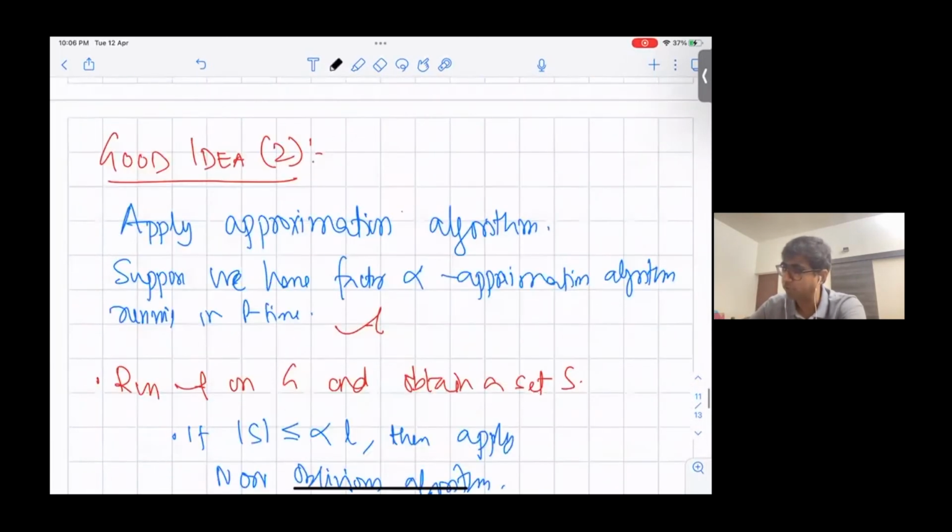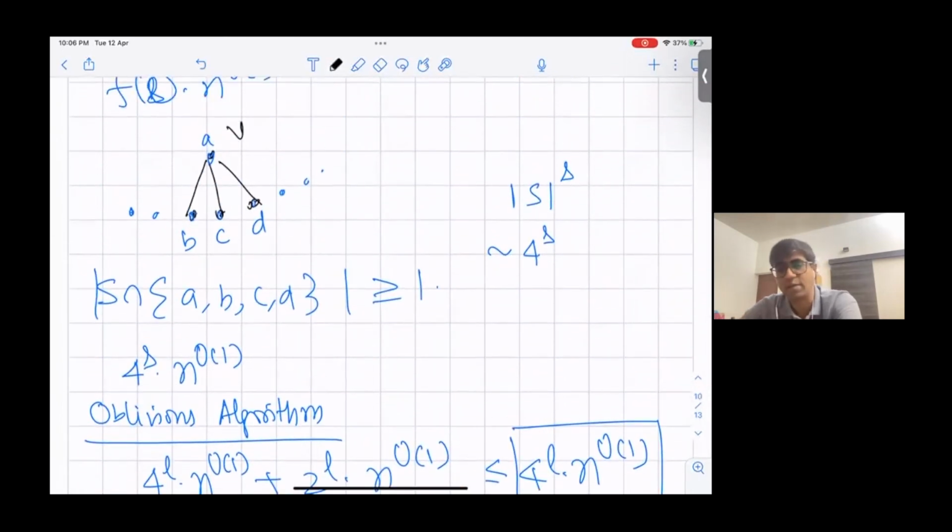Go back to the algorithm which I showed you: S intersection ABCD is at least 1. This also tells you something interesting, no? Delete all of ABCD. Then what will the approximation factor of that algorithm be? This also gives you an approximation algorithm, which I never told you.